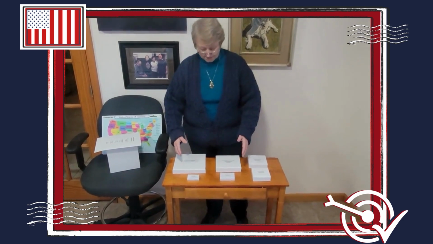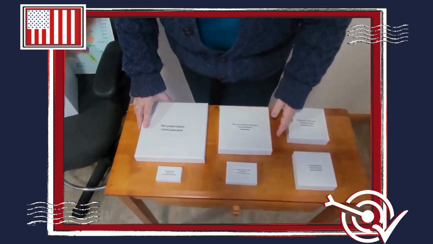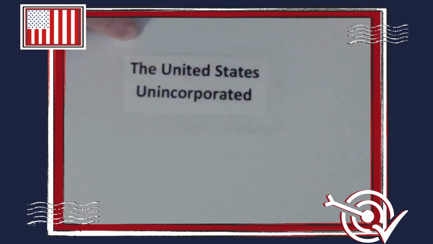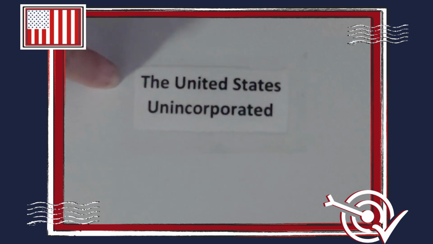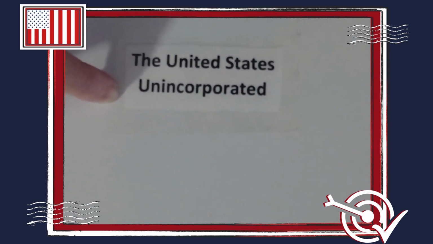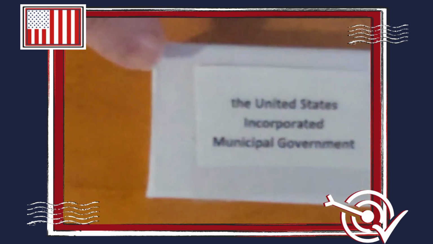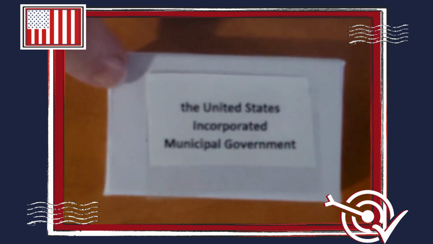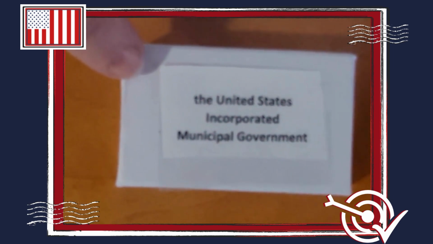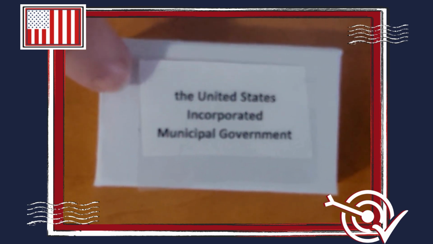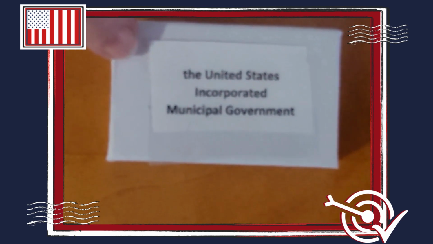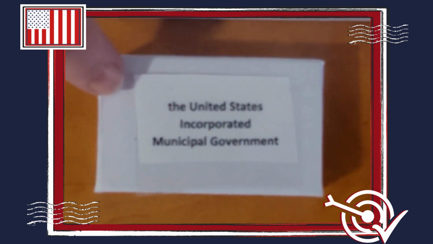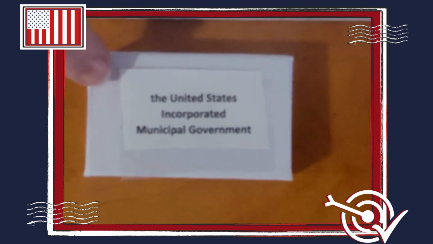Come take a look again so you see this. Take a look here, first at this set, the United States Unincorporated, right? And then look down here. You've got the United States Incorporated municipal government. This is the theocracy of the municipality of Washington, D.C., operated as an international city-state.